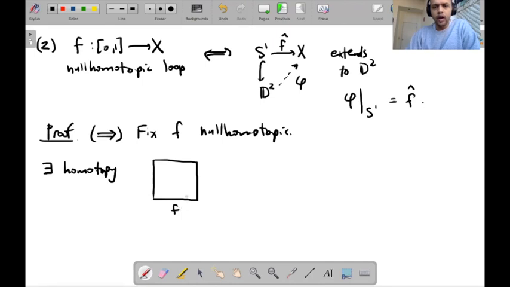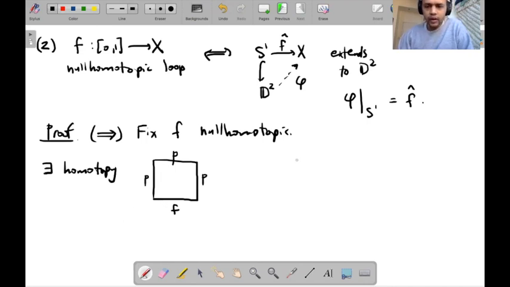So a homotopy is a map of the unit square into X, and it's a homotopy between F and the constant map at P. So I'm just going to label each of these three sides gets mapped to P.